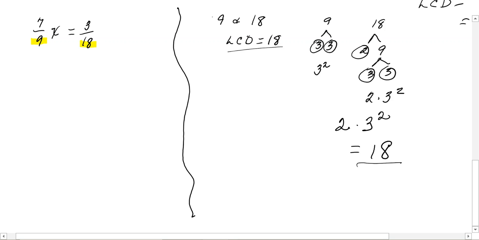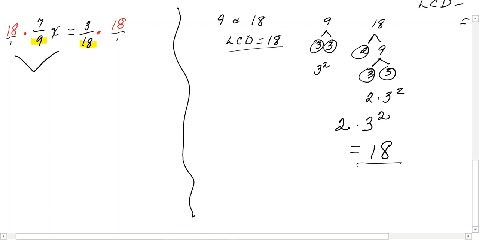When the LCD is 18, in red, I'm going to multiply the left side by 18, and I'm going to multiply the right side by 18. That 18 is really over 1. Do you remember the very first thing that I started with in this video is how do you multiply a fraction by a whole number if the denominator divides into it?